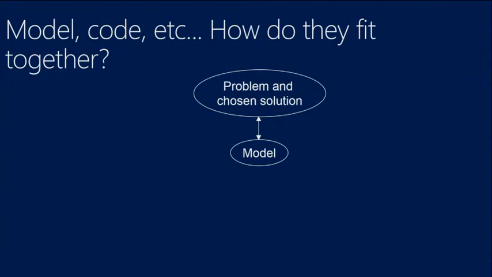Then when we have that mental model, we need to share that between the members of the team, of course. We need to be able to work with it. So we represent that model in different ways, and I have 4 of my favorite representations here. First off, quite often I represent the model with UML as a sketch.